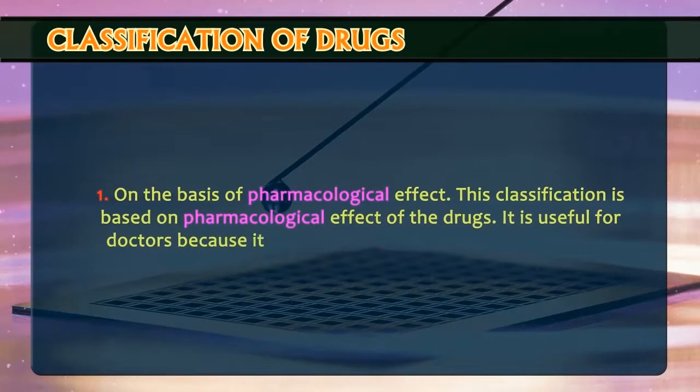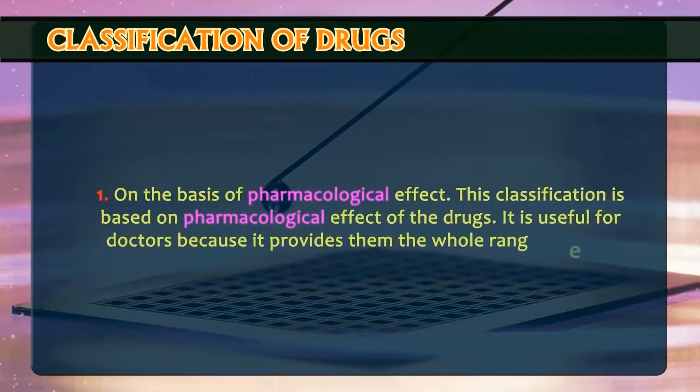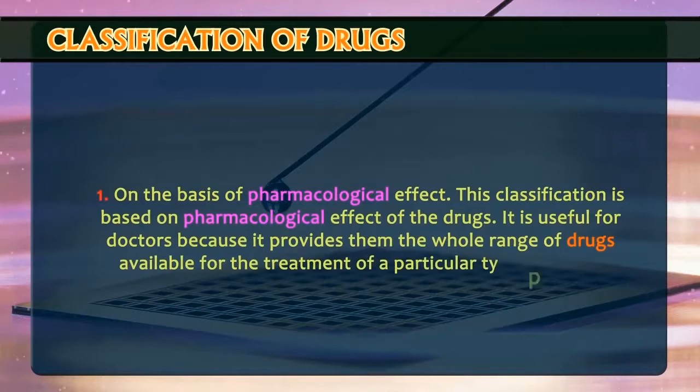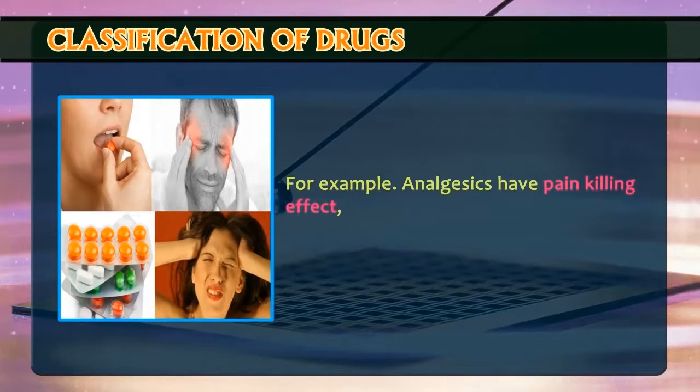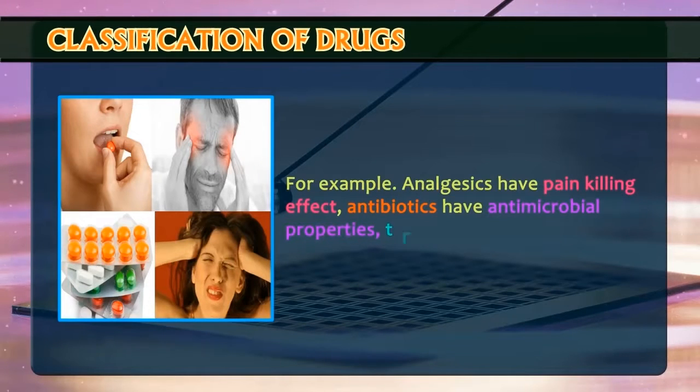It is useful for doctors because it provides them the whole range of drugs available for treatment of a particular type of health-related problem. For example, analgesics have pain-killing effect. Antibiotics have antimicrobial properties. Tranquilizers reduce mental stress.